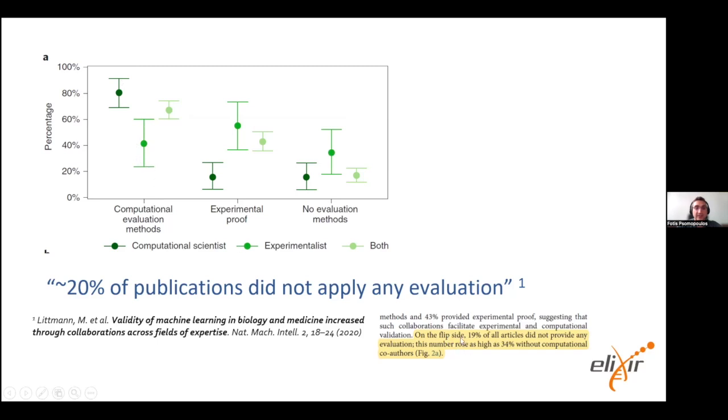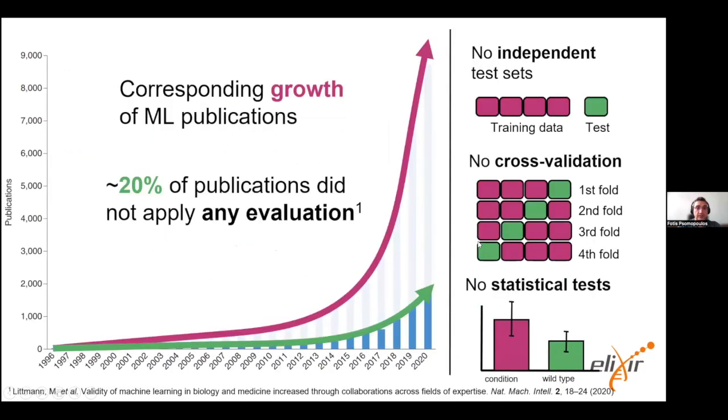The interesting thing is highlighted in the article in the lower right-hand corner of the slide. 20% is across all, and if we consider cases where the articles do not include any computational co-authors, this number increases as high as 34%. So 1 out of 3 publications do not apply any evaluation whatsoever of the machine learning process, although machine learning is explicitly mentioned as being used in the process itself.